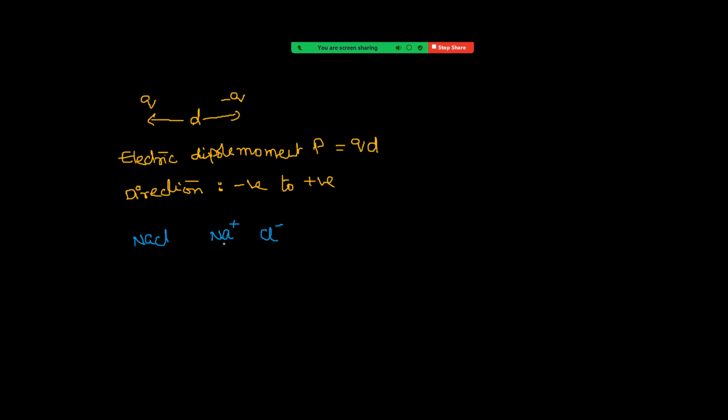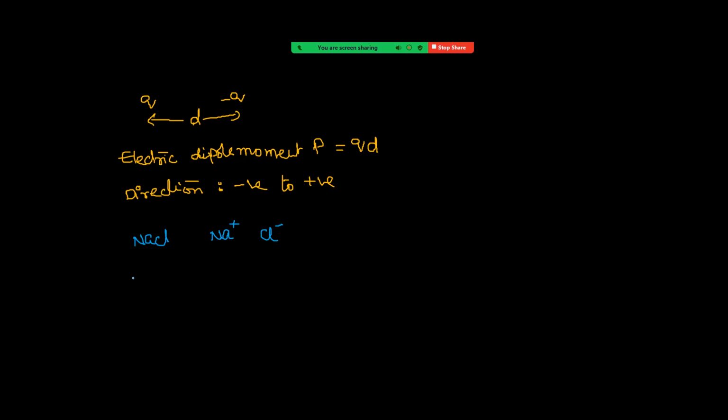So we have two ions, a positive ion and a negative ion, with charge plus one and minus one, and between these two there is some separation. So this is one dipole.